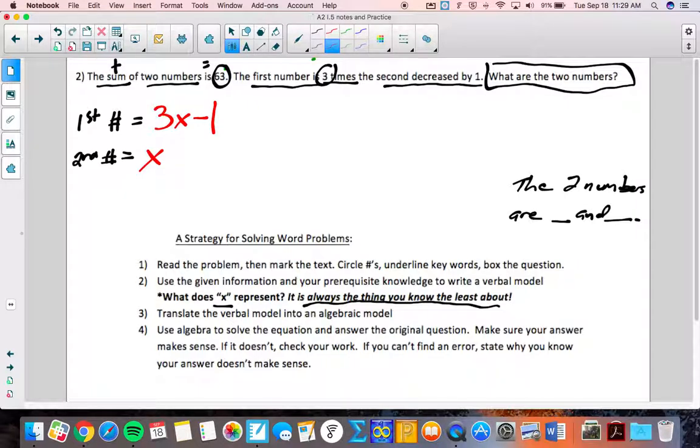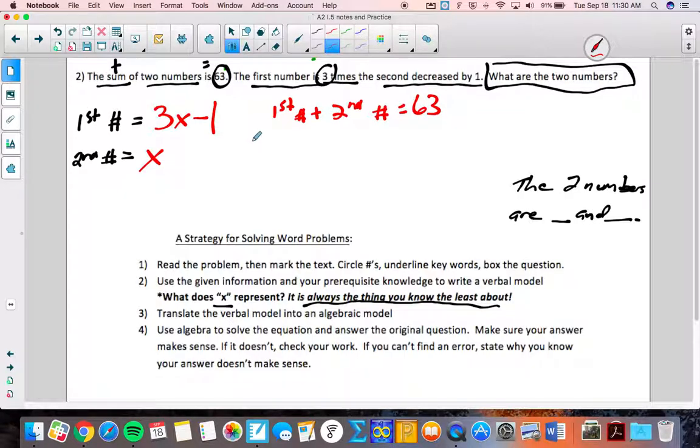And that makes a difference. So I'm going to triple the second number, get that answer, and then take away 1. We'll see if it works out. And if it doesn't, then we know we need to go back and try it again with parentheses around this. So let's go for this. We're going to take the first number plus the second number, and then that should equal 63.